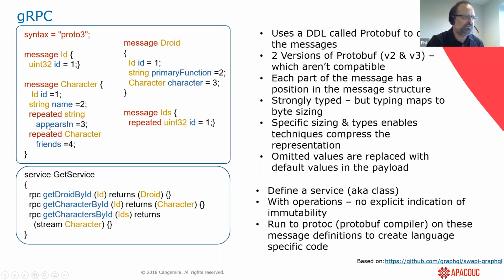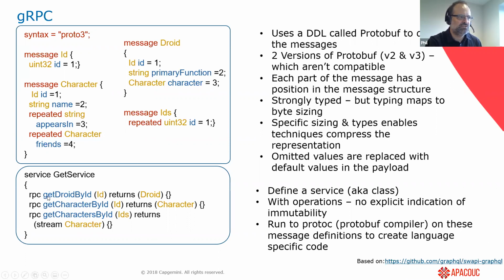So for example here, we've got string first because it's a simpler structure, and then we're going to talk about character, which again references another structure, and we can have an array of character references, and then of course you've got the droid structure, which builds upon the basics, and then you define the services.